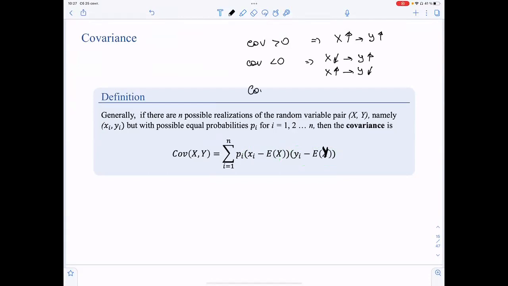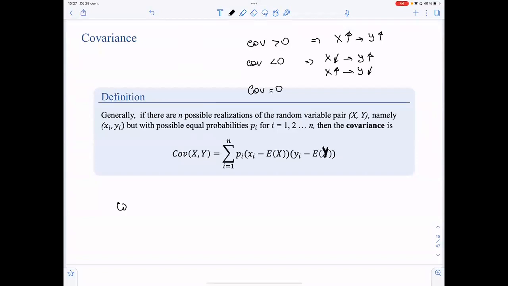And what happens if the covariance is, oh, sorry, is 0? Covariance is 0 means that one of these brackets is 0. And ideally, in order to get the full formula, we should say that one of these 2 brackets is always 0.